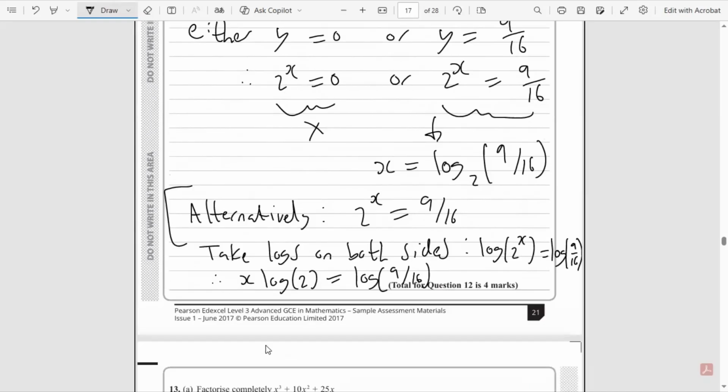And then you can say that therefore x is equal to log 9 over 16 divided by log 2. So if you wrote that down as well, that would be acceptable as an exact final answer. Or you could do what we did in the first method where we wrote down log base 2 of 9 over 16.